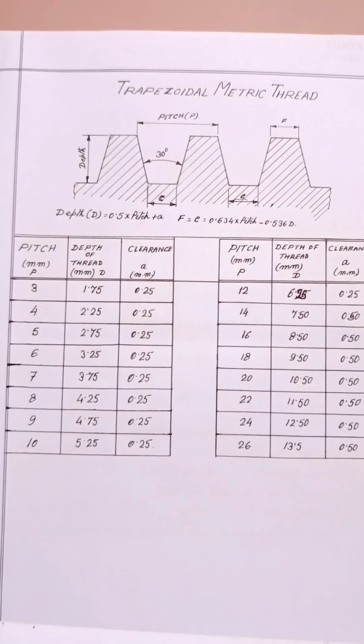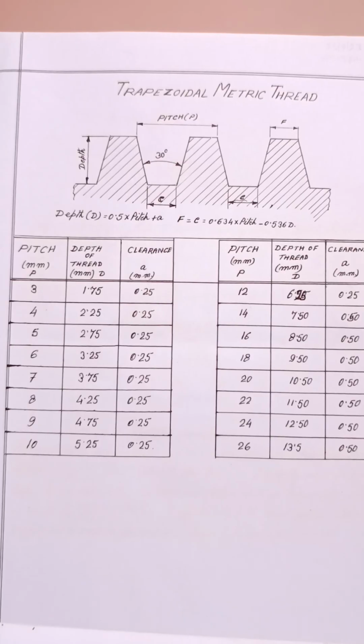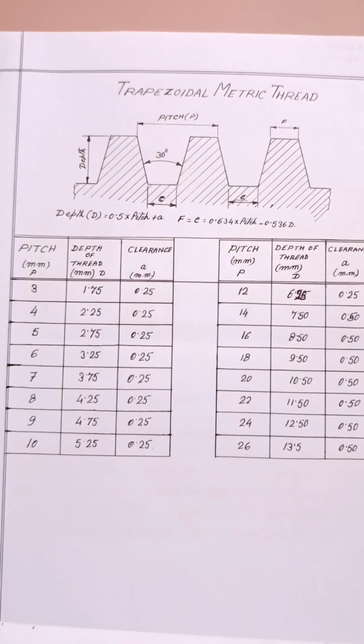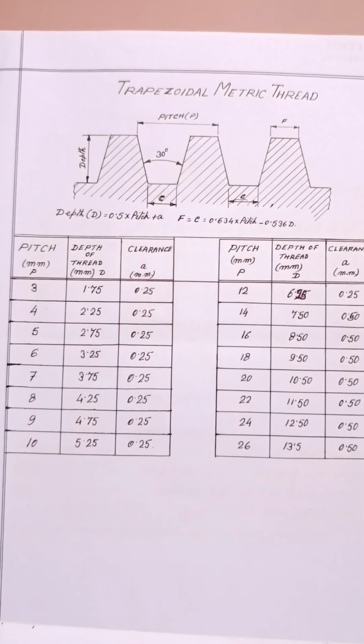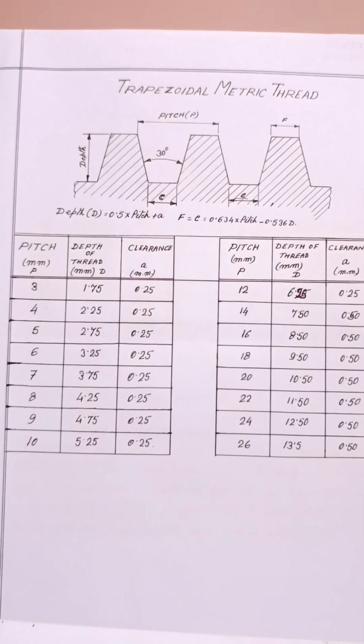So when the pitch is more, clearance will also be more. They have standardized up to 12 millimeter pitch with clearance 0.25 millimeter, and beyond this, up to 26 millimeter pitch, clearance is 0.5 millimeter. Accordingly, we have to manufacture.